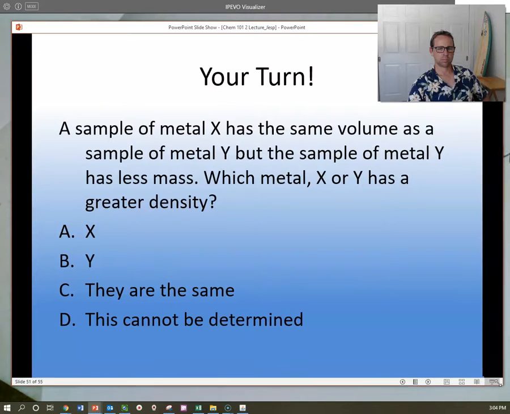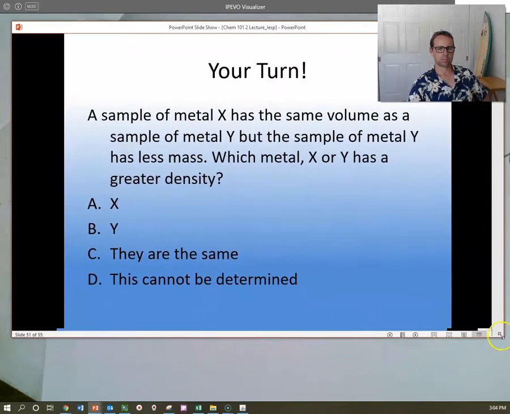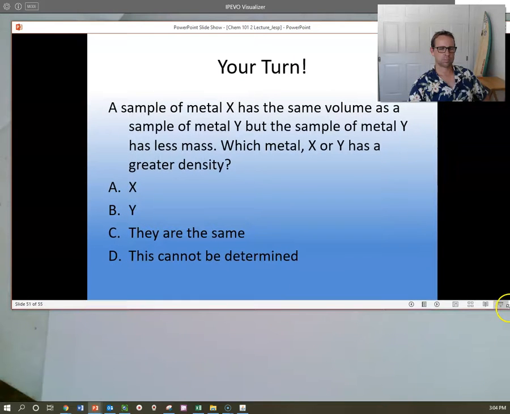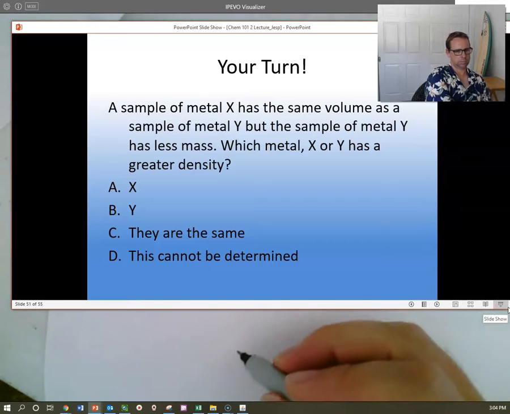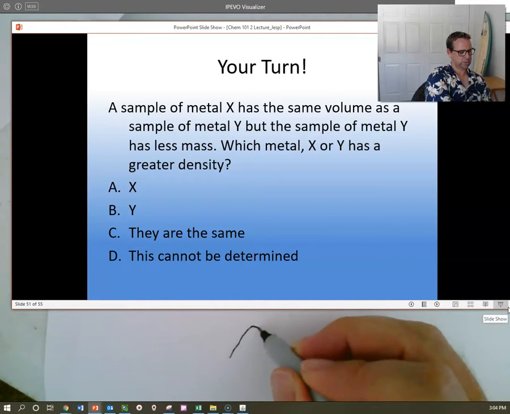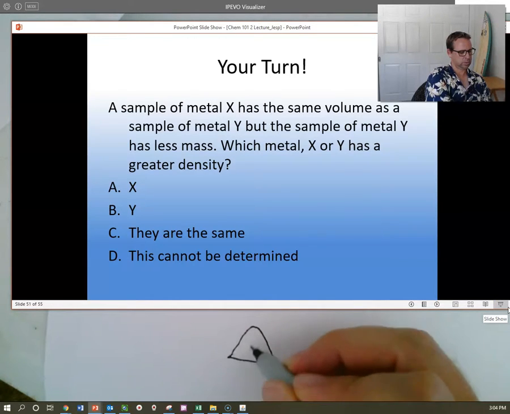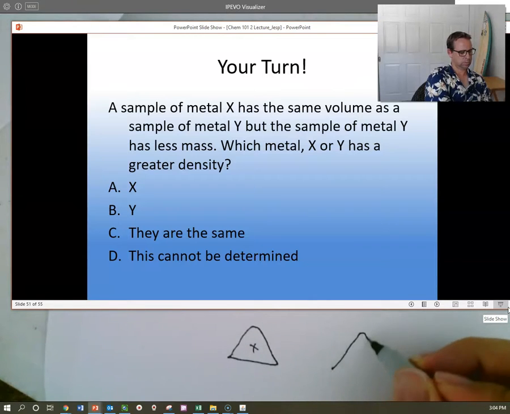Okay, so now the difference is it just changed from the last one, just changed the units, right? So the volume's the same, but the mass is going to be different.